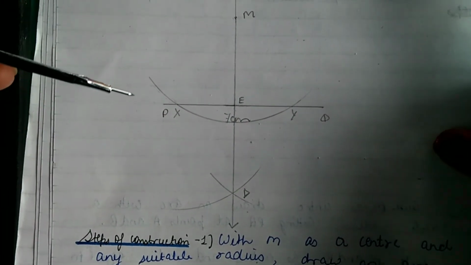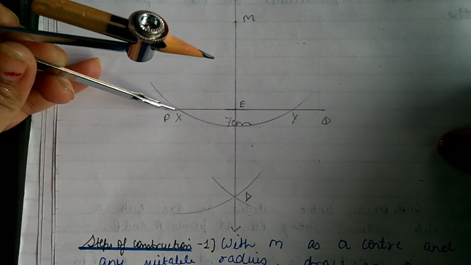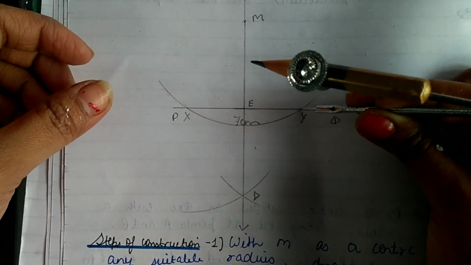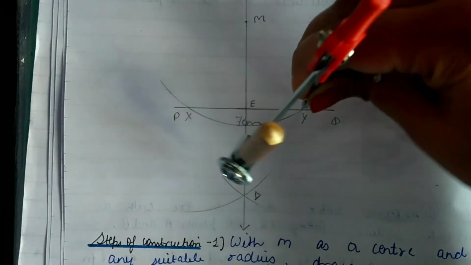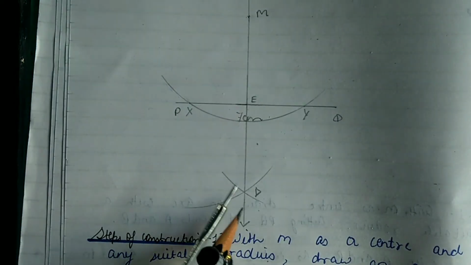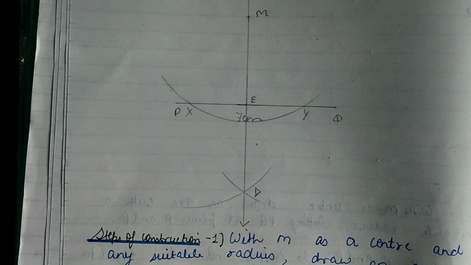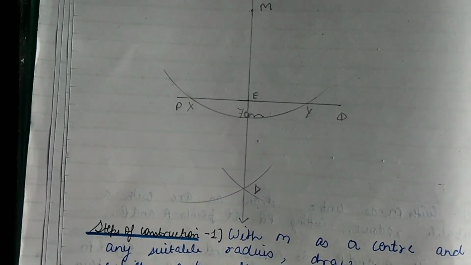After that, with X as center with more than half radius, cut an arc. With Y as center, more than half radius, cut an arc. This will intersect at point D, then join MD. And the required line will be perpendicular to the line segment PQ.